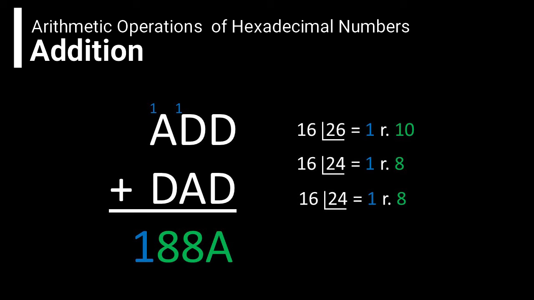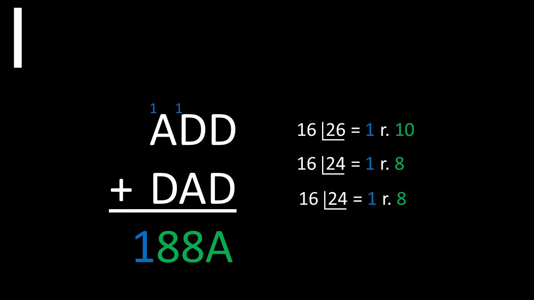Then translate. 24 divided by 16 is 1 with the remainder of 8. So 8 and carried by 1, let's bring down the 1. Therefore, ADD plus DAD is equivalent to 188A with the base of 16.